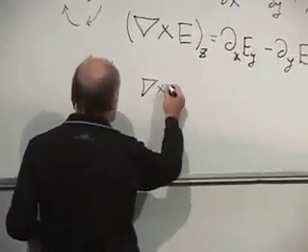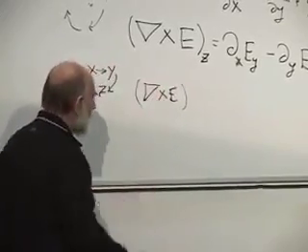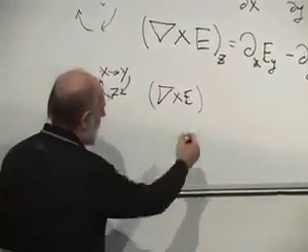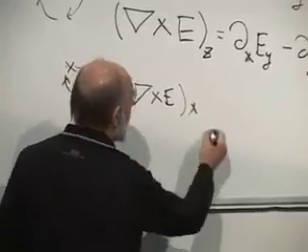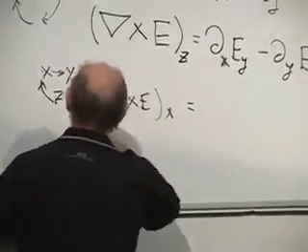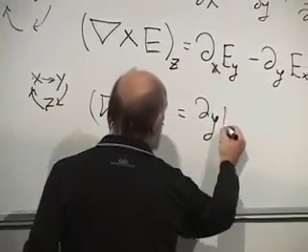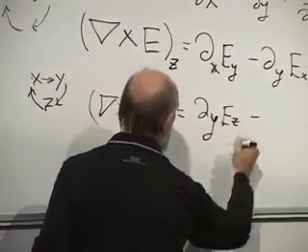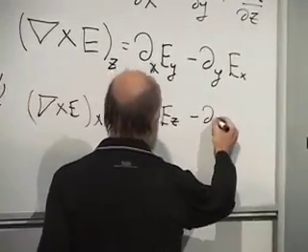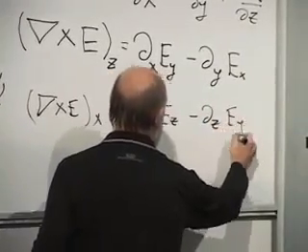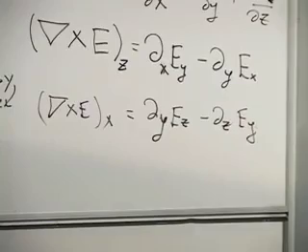Del cross E, all right, Z cycles to X, so put an X there, is equal. Now X goes to Y, so that's derivative with respect to Y. Y goes to Z, minus dz EY. And what would be next?